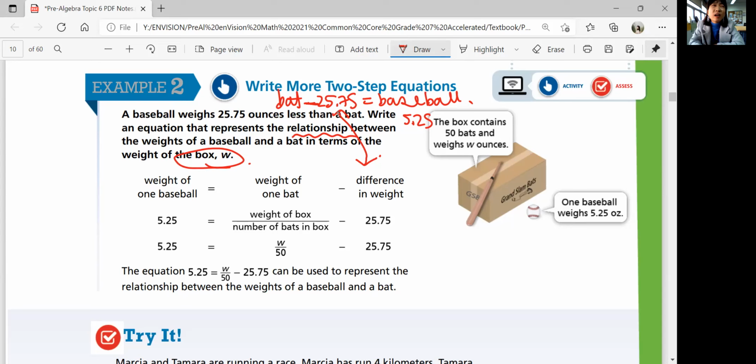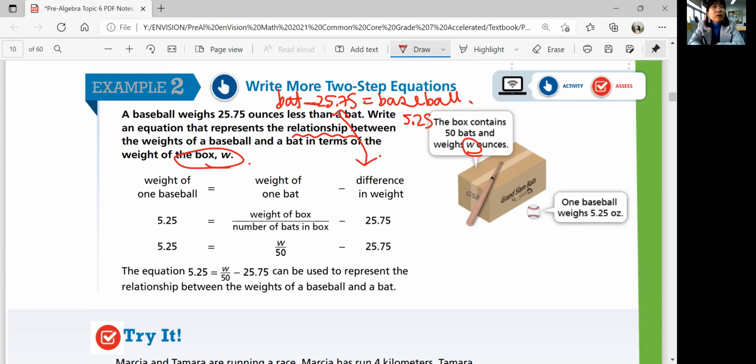Okay, now we have another thing to consider. It's not just bat and baseball. We have the box, and the box contains 50 bats and weighs W ounces. So you want to use W in the equation. You can't just say, oh, B, I'm going to get B, right?